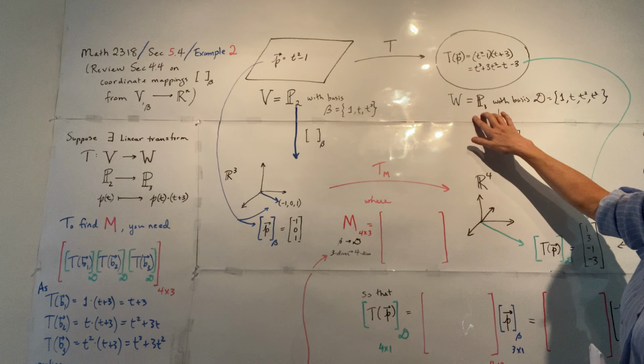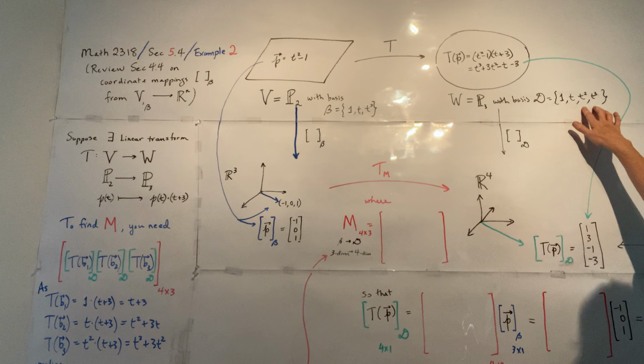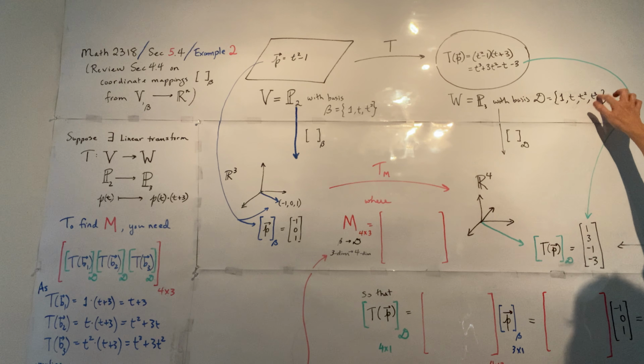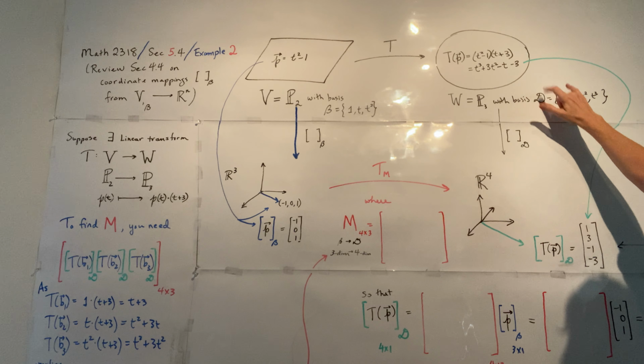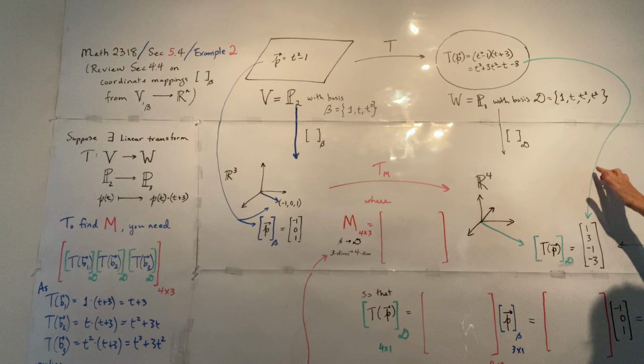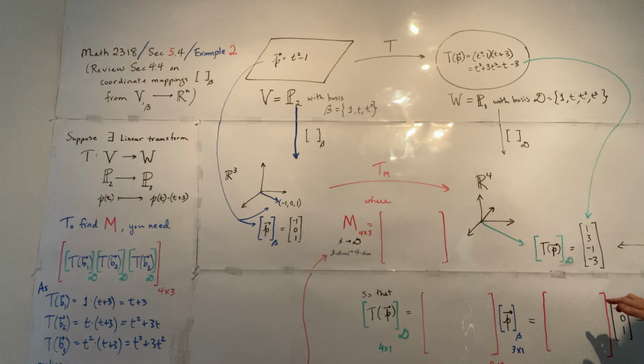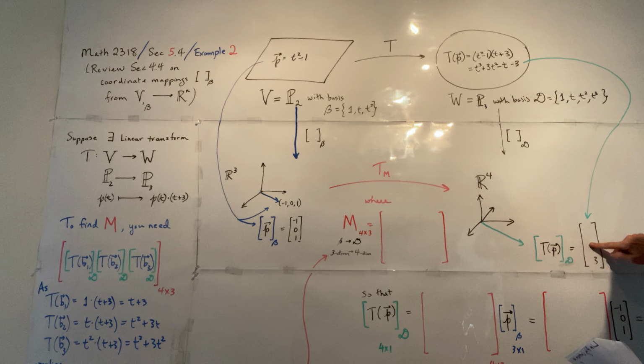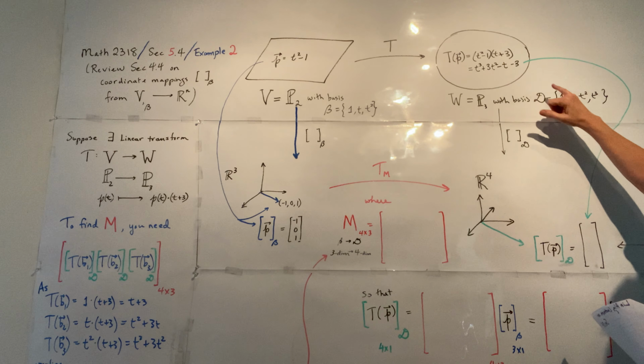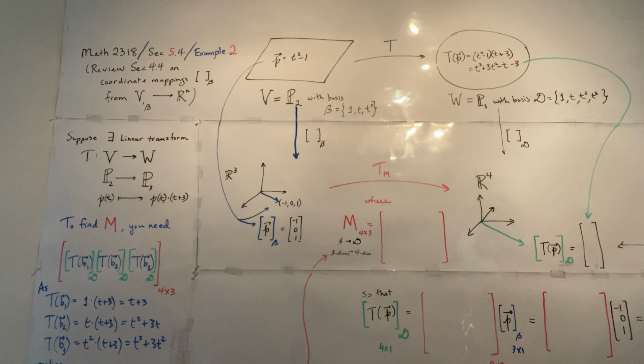And if you're looking at P3 with its canonical basis, 1, t, t squared, t cubed, that just picks off those coefficients. Let's see now, that should be the other way around, right? Because we're going in descending order, so the constant coefficient goes in first.